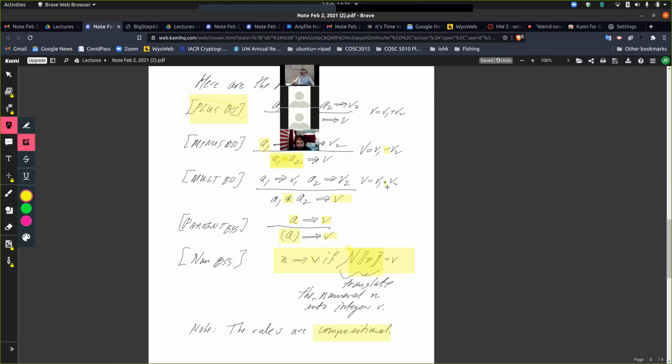That's a property that, I can't think of really semantics where you don't have that property.